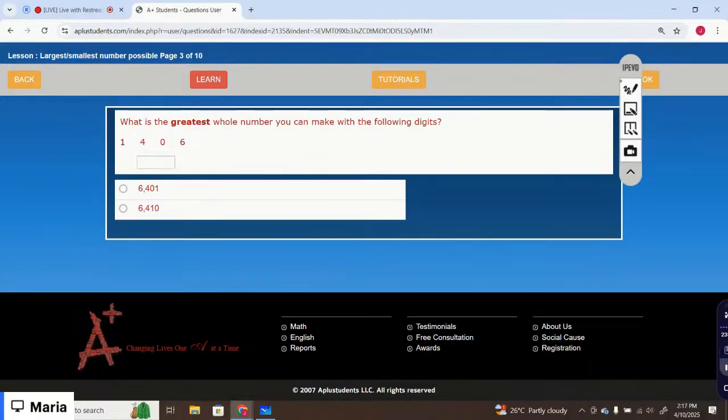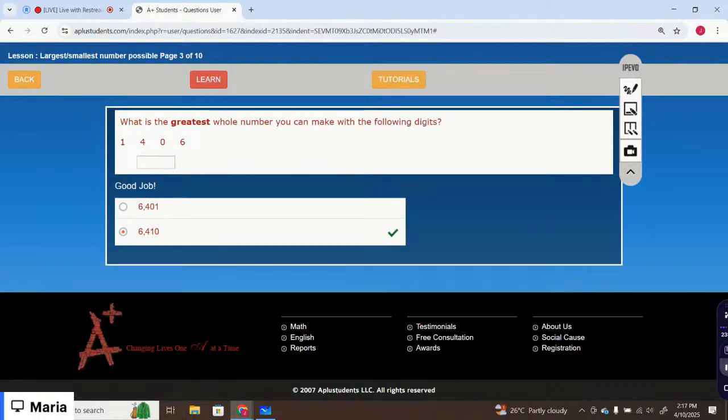The greatest number you can make is 6410. Option number 2 is the correct option. You need to write down the greatest number at the greatest place value. 6410 is the number that you can make using these digits. Got it?